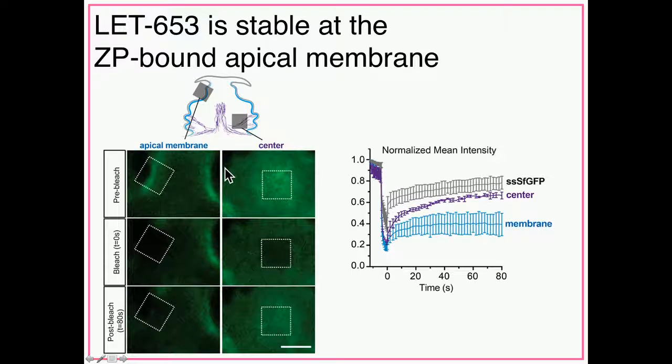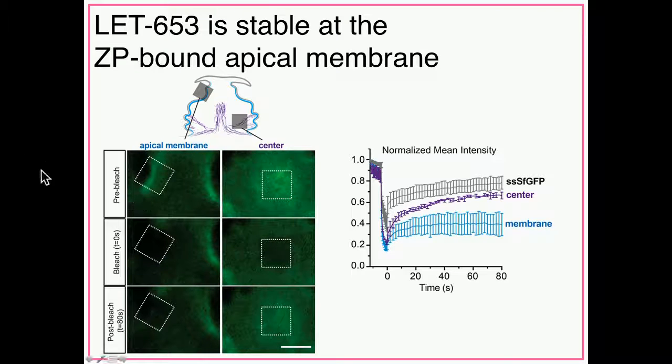Now, we know that ZP domains can form stable higher order structures in other systems. So we wanted to know whether LET653 was also forming such higher order structures along the ZP-bound apical membrane. For that, we turned to fluorescence recovery after photobleaching.